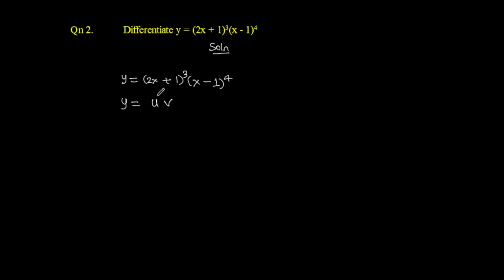So from here you can see the first bracket falls under u and the second bracket falls under v. We can go ahead and write this as u is given by the first bracket, and that is (2x plus 1) raised to power 3. Meanwhile, the second bracket is representing v, and we have here (x minus 1) raised to power 4.